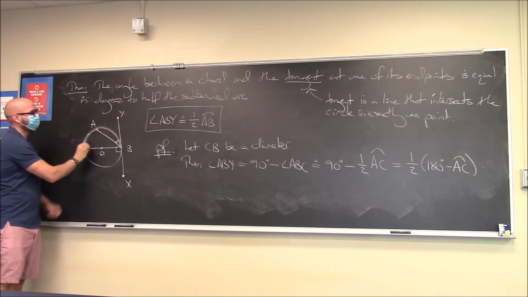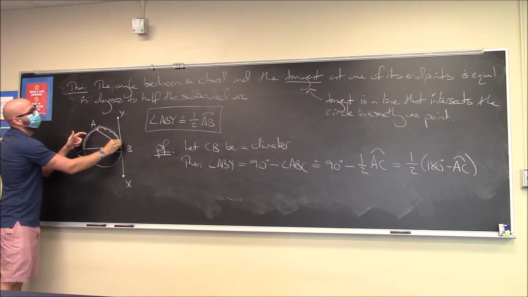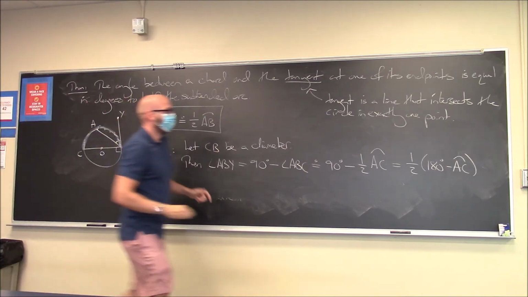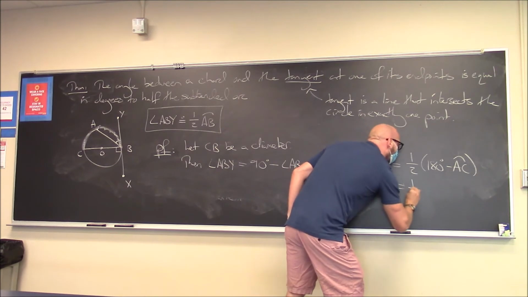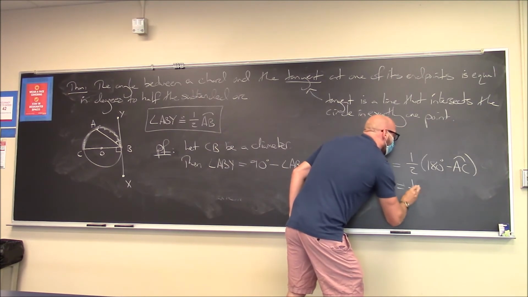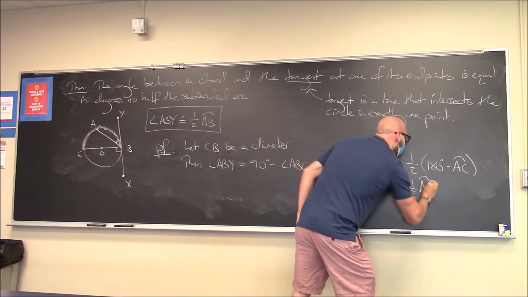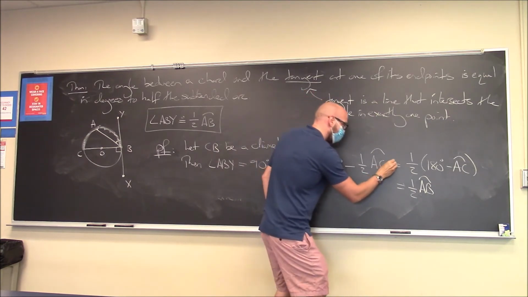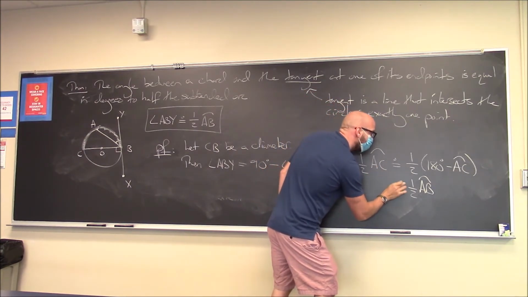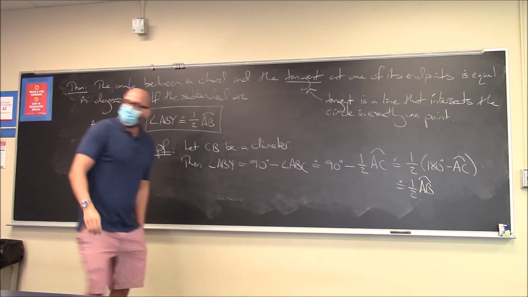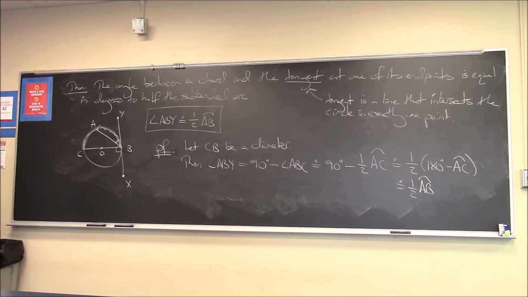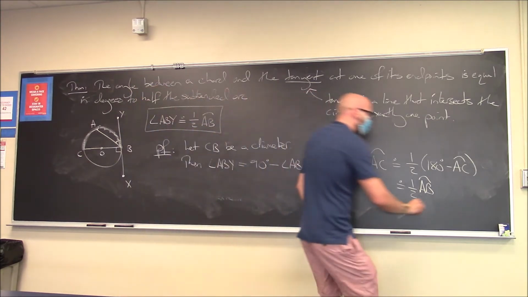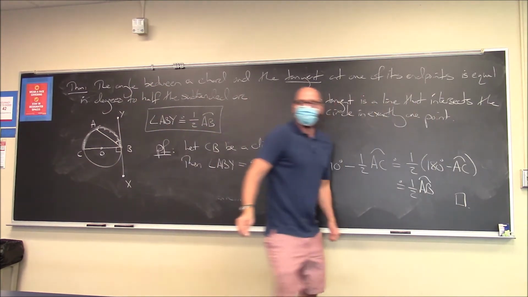Subtract off AC, what do you have left? You have AB. So this is 1/2. Don't need brackets anymore. In fact, again, I should have equal in degrees, 1/2 of the arc AB. Which is exactly what we wanted.